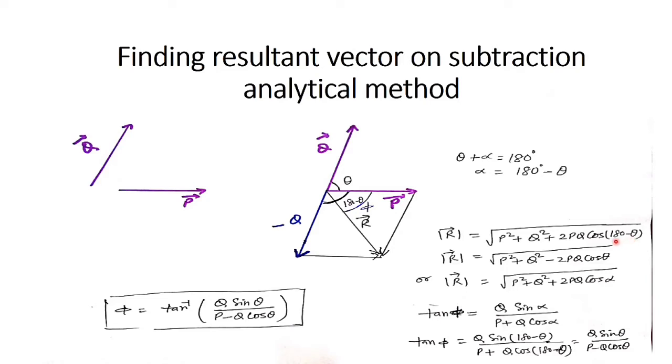But if I write 180 minus theta, you know cos of 180 minus theta is minus cos theta. So my result will be square root of p square plus q square minus 2pq cos theta, where theta is the angle between p vector and q vector. While the angle between p vector and minus q vector is 180 minus theta. So these are the three different methods by which you can write the magnitude of the resultant vector.